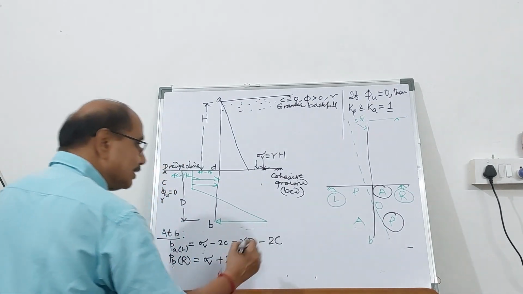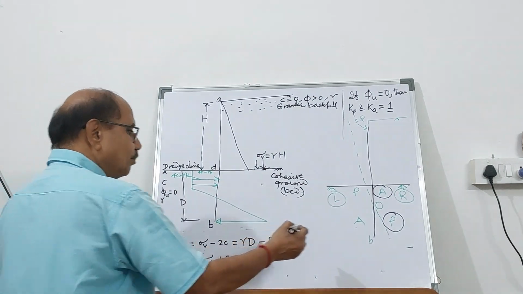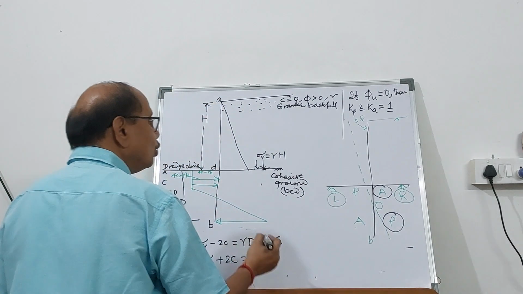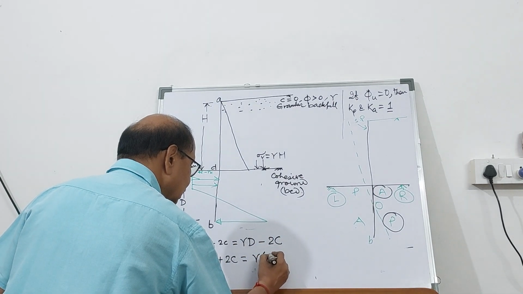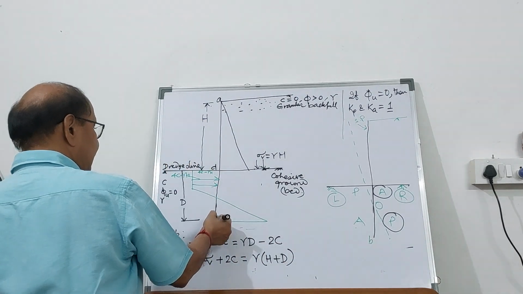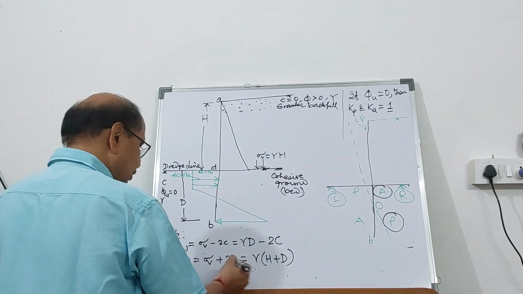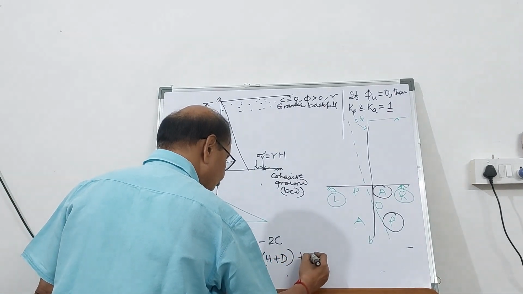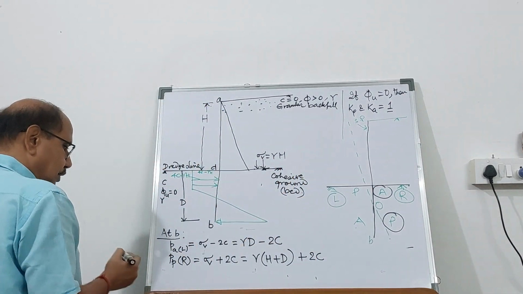Now, on the right hand side, friends, the vertical pressure at B is going to be gamma times H plus D. So on this side, it is H plus D. That is the vertical pressure plus 2 times cohesion.